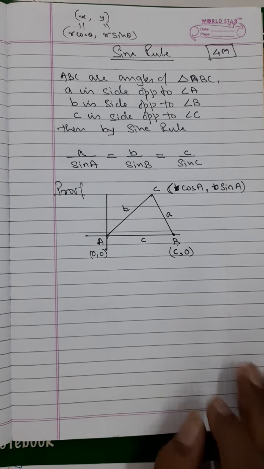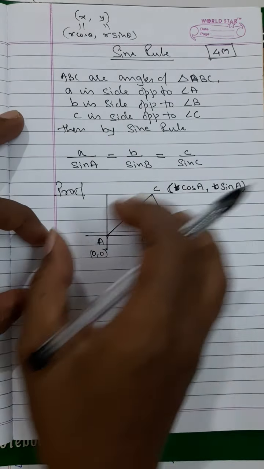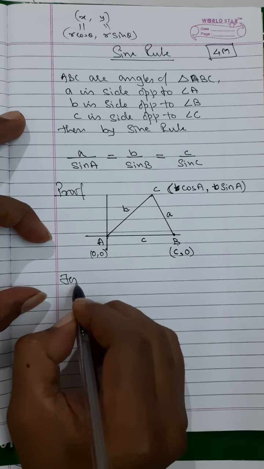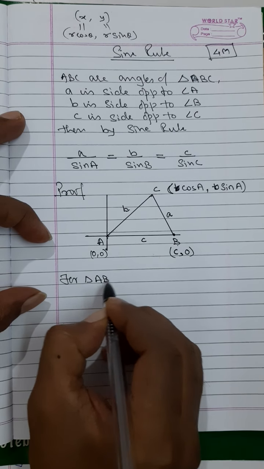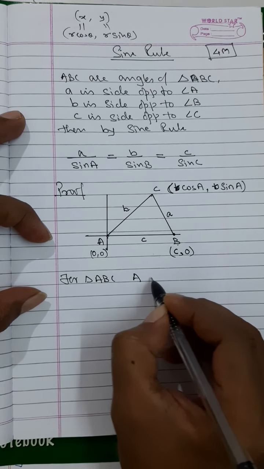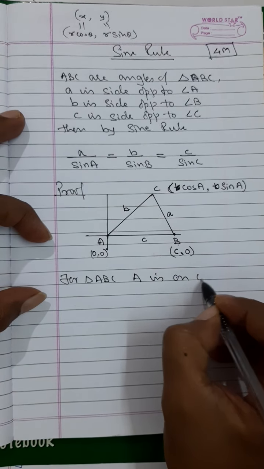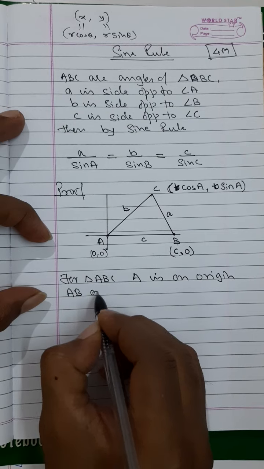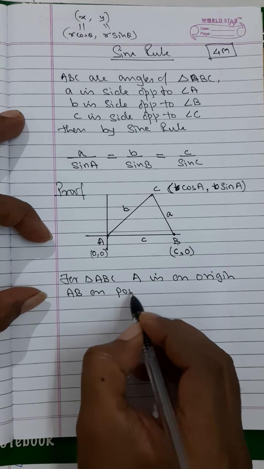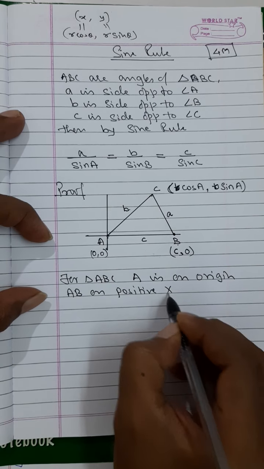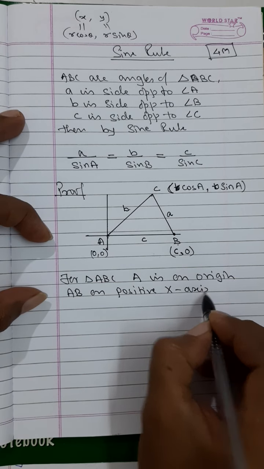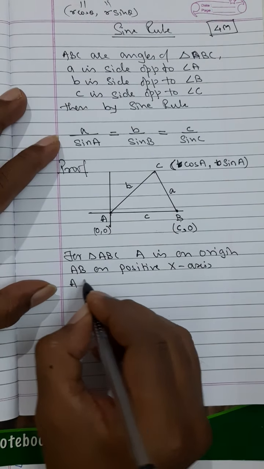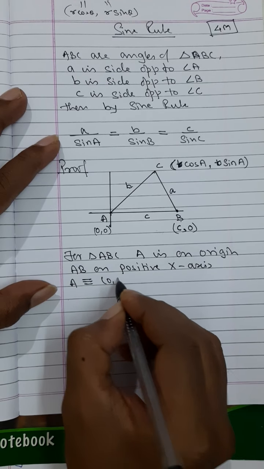Now before proceeding further, you will have to write everything in detail over here. For triangle ABC, A is on the origin, AB on the positive x-axis. So what we have got, A corresponds to (0, 0).